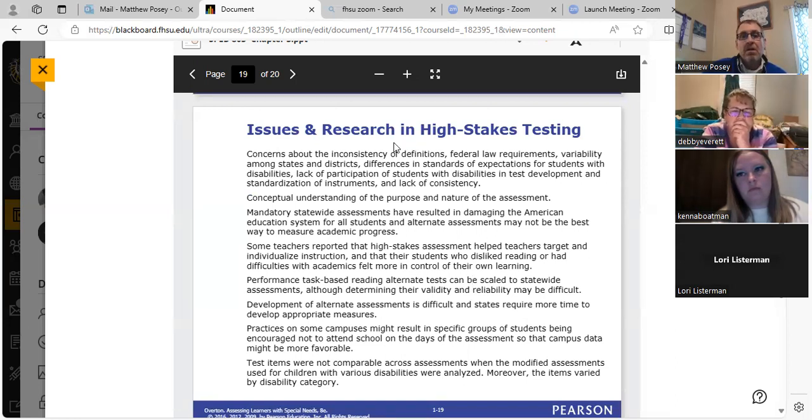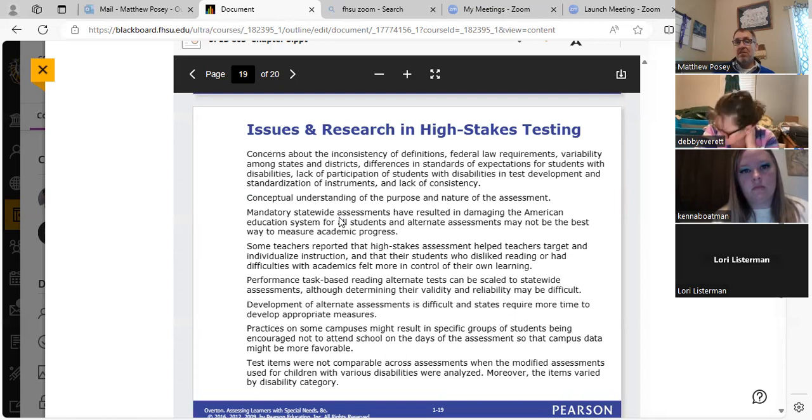So there are different issues in the research on high stakes tests: concerns about inconsistency, definitions regarding high stakes tests, federal laws, and then variability from state to state as far as tests and what's used. I'm now talking more specifically about SPED services.